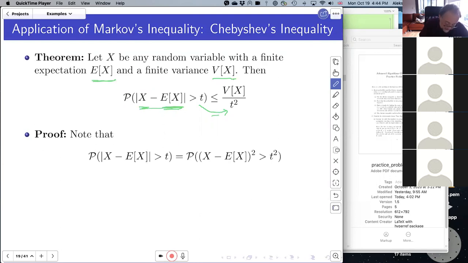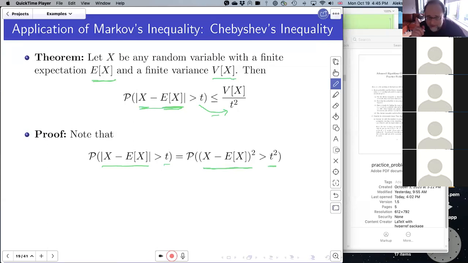The trick is you simply notice that the probability that this absolute value is bigger than t is equal precisely to the probability that the square of this is bigger or equal than the square of that, right? Because this happens, namely absolute value is bigger than t, just in case the square is bigger than t squared. And now just notice that this expression, x minus E of x squared, is a random variable which is always positive.